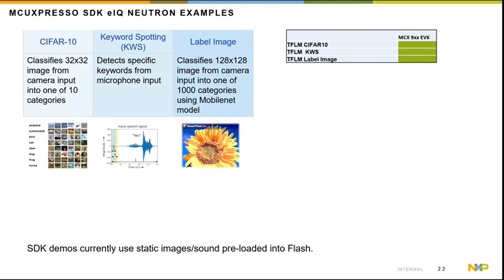Currently, these use static images preloaded into flash, and they're only available at the moment in the MCX 9XX EVK SDK. So it's not in the 5XX or the breakout board SDKs, but they will eventually be added to those boards as well. If you're looking for them, you have to make sure you're using the 9XX.